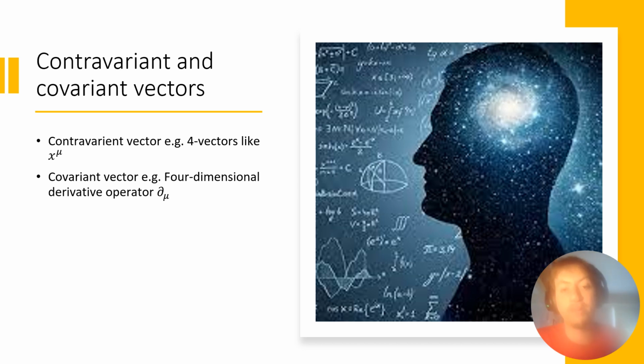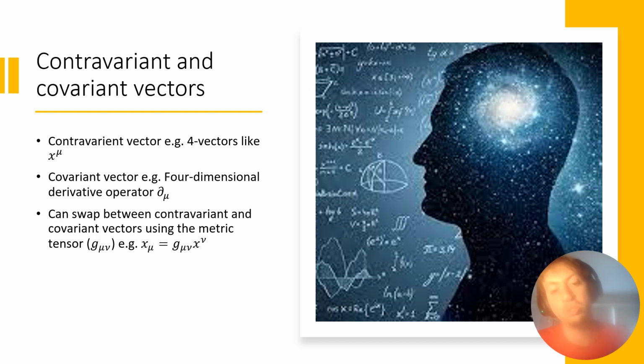And then in quantum mechanics we have the covariant four-dimensional derivative, which is an extension of the three-dimensional derivative. And the fourth dimension is time, so essentially the four-dimensional derivative can be thought of as a derivative with respect to time attached to the usual three-dimensional gradient operator.